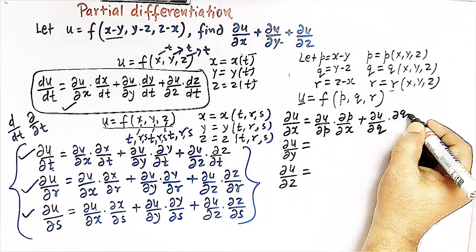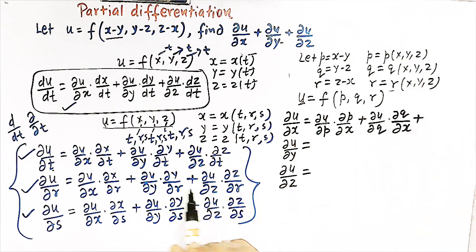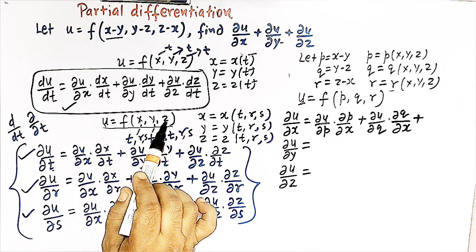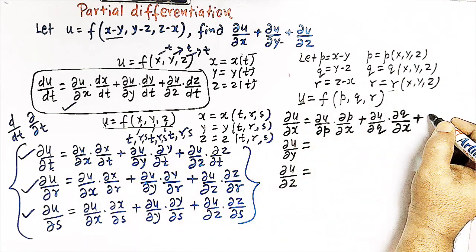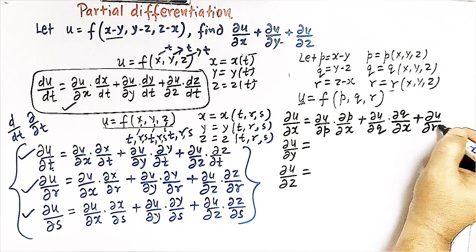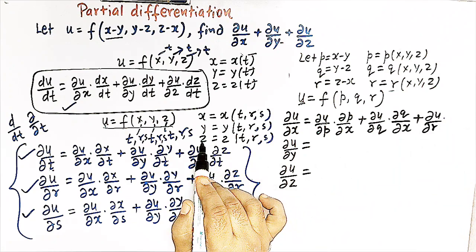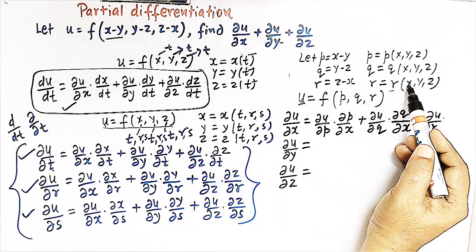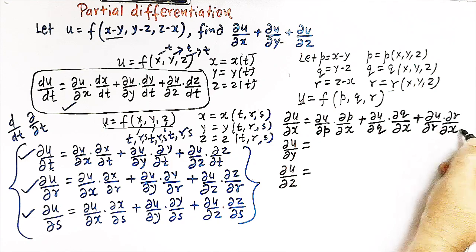So here we have ∂q/∂x, and then we have ∂u/∂z, that is u over z. Here we have u over r. So we have ∂u/∂r, and then we have ∂z/∂t. Here we have z, here we have t, here we have r, and here we have x. So here we have ∂r/∂x.